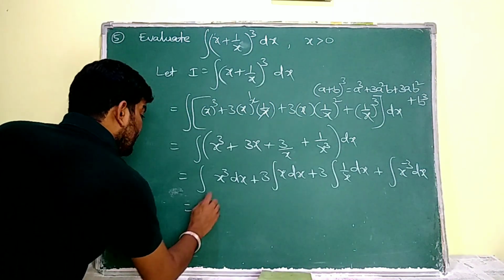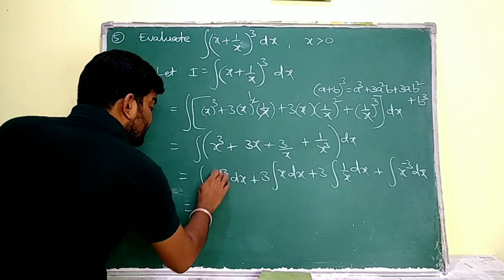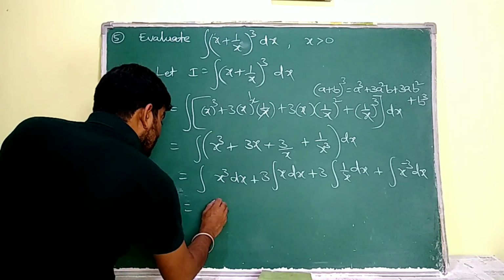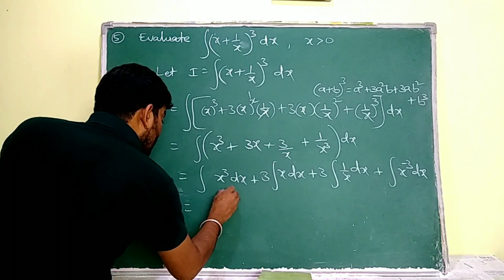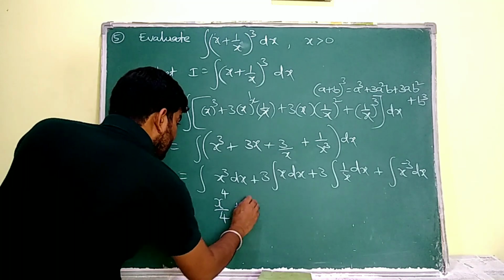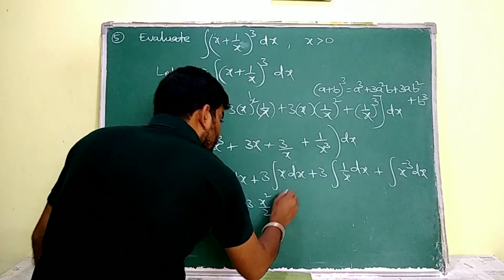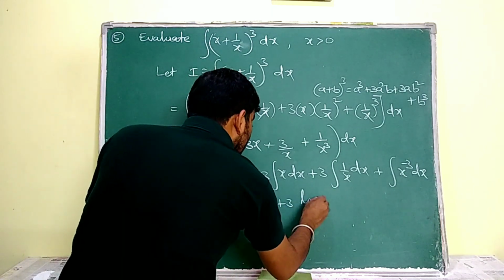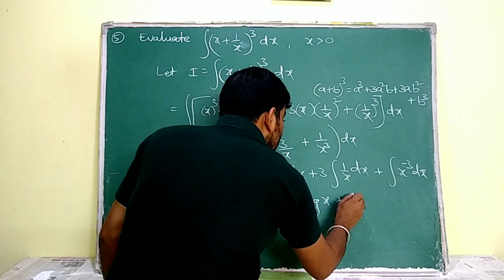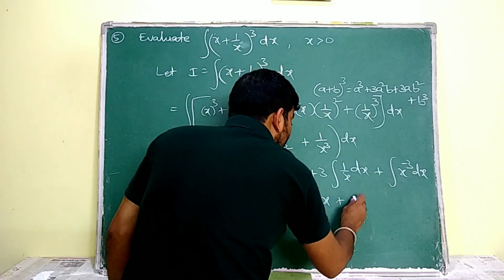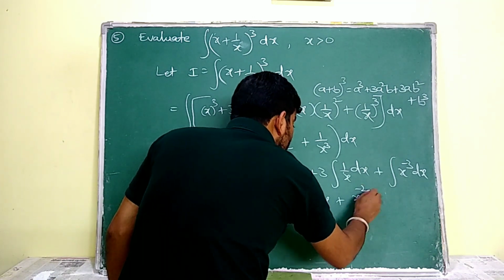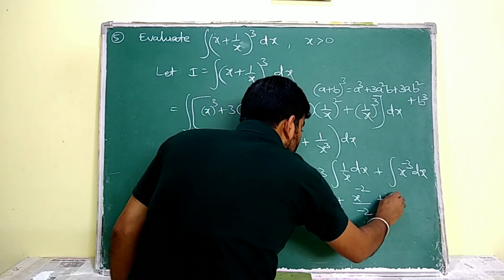Now see, integral x power of 3 dx means it is like x power of n dx. That is x power of n plus 1, that is 3 plus 1 means 4 by 4, plus 3 into x square by 2, plus 3 into integral 1 by x dx means log x we know, plus integral x power of minus 3 means it is x power of minus 2 by minus 2, plus c.